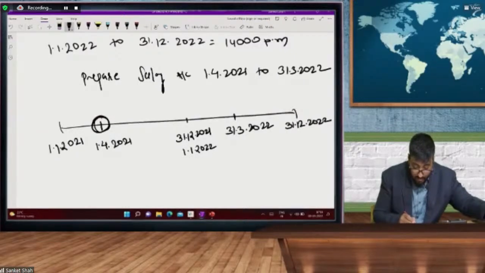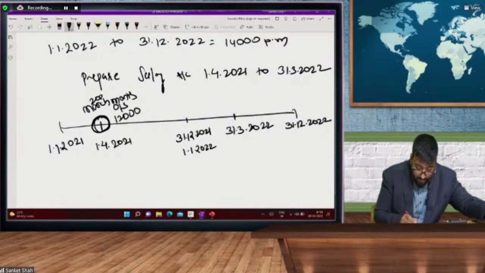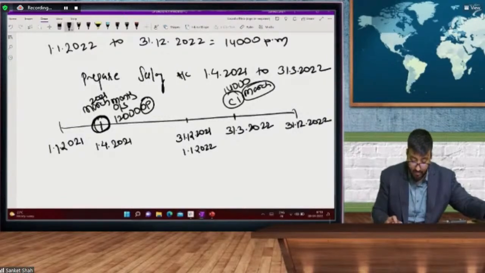So in the month of April, March month salary outstanding of rupees 12,000. March 21, this is opening, and similarly closing is still outstanding of rupees 14,000 of the same month, March month.